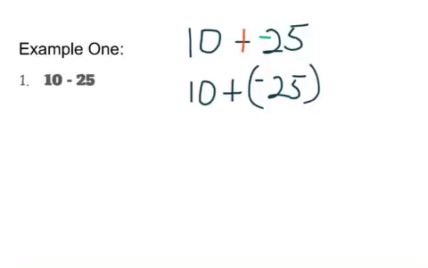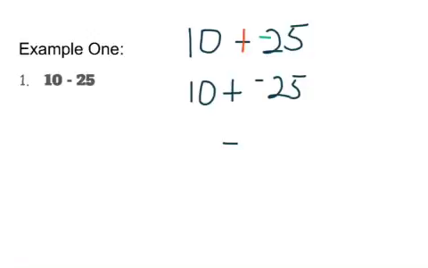And again, I showed you in a previous lesson that when you are adding integers and you have a positive plus a negative, the positives and negatives are competing against each other. But when you think about the answer, the larger absolute value, which would be the 25, is a negative, so your answer is going to be negative.